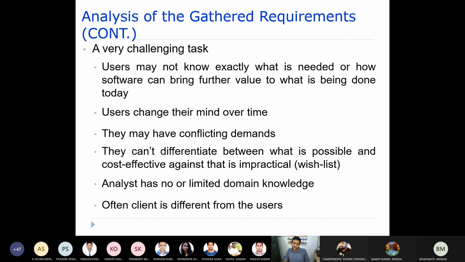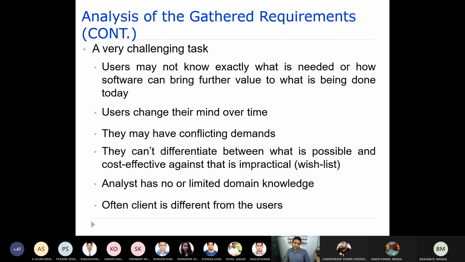Certainly the users will have this sort of problem because they do not know what exactly they want. As a result, sometimes they have conflicting demands. They cannot differentiate between what is possible and effective and what is impractical.